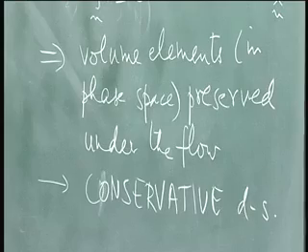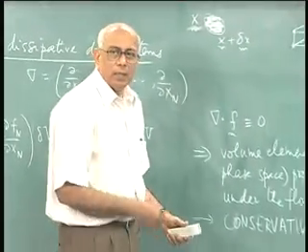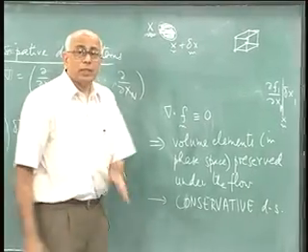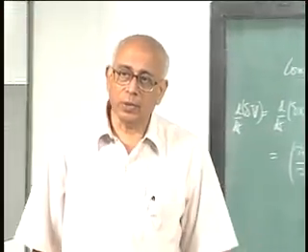Of course, in mechanical context you are more used to saying that the energy is conserved, and we will see how that is connected to this a little later. It is connected in a little intricate way, but that is just one kind of conservation. Mechanical systems could have other conservation laws, angular momentum could be conserved, linear momentum could be conserved, and so on.